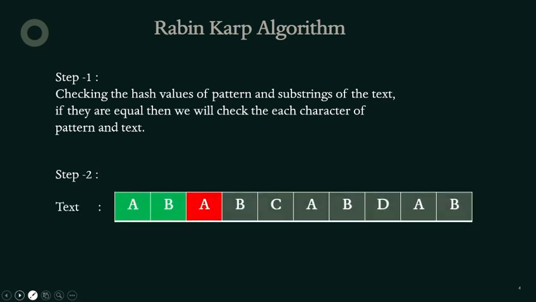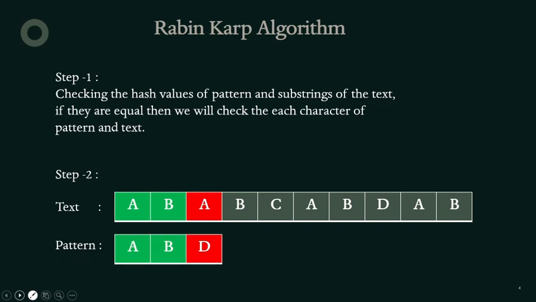Let's consider this as the string and this is the pattern we are searching for. If the hash values are equal, then we will compare them character by character. Here we can see A and D are not equal, so we will move one step forward.